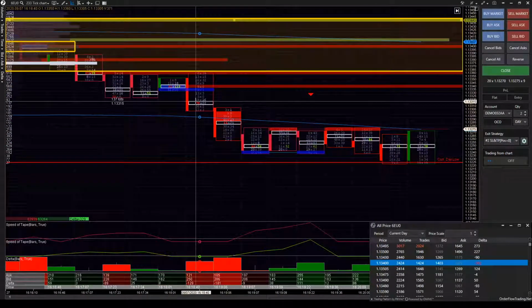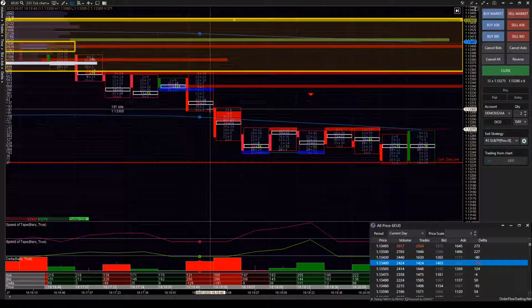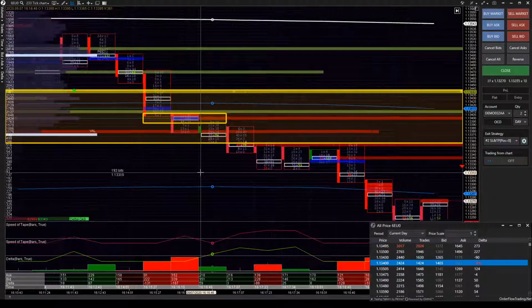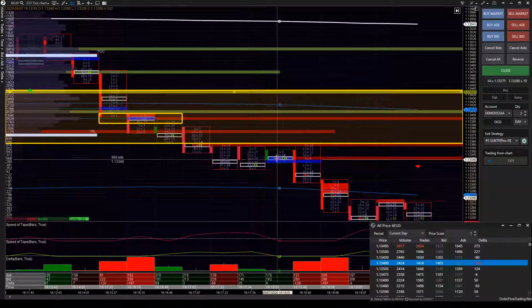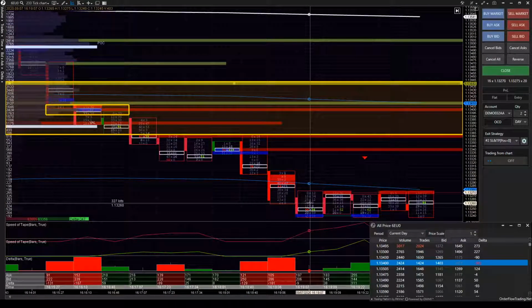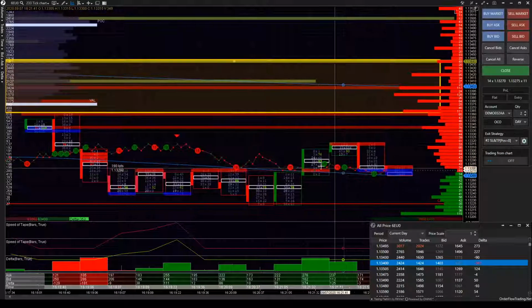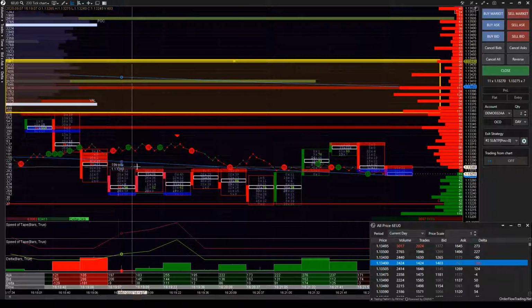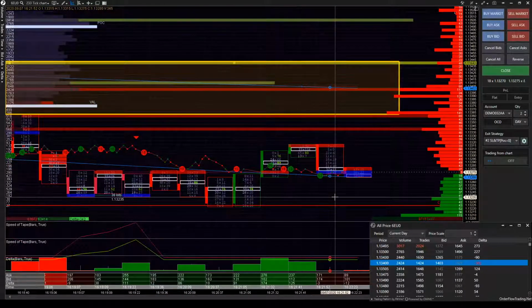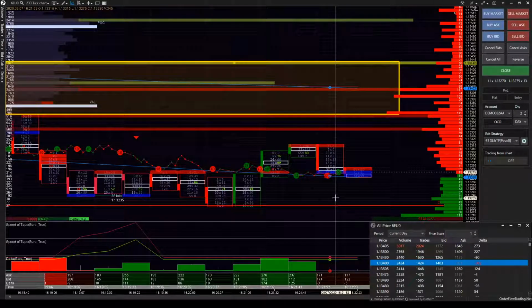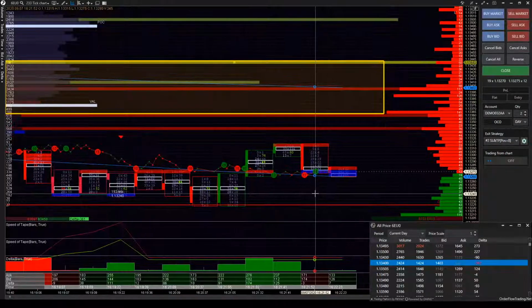If we see some red imbalances, it probably means that the buyers were stopped out in this area. They were just taking the losses here and pushing the price even lower. Okay, that's what happens in the market, that you can only see if you're using the order flow.